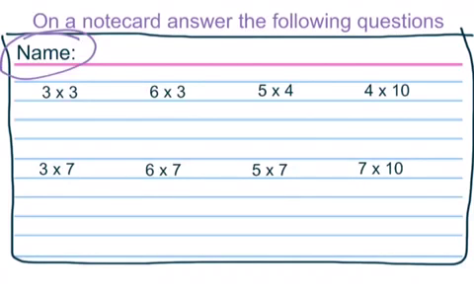So you're going to show me how you can solve for 3 times 3, 6 times 3, 5 times 4, 4 times 10, 3 times 7, 6 times 7, 5 times 7, maybe there's a connection there, and 7 times 10. You need to show me your strategies.